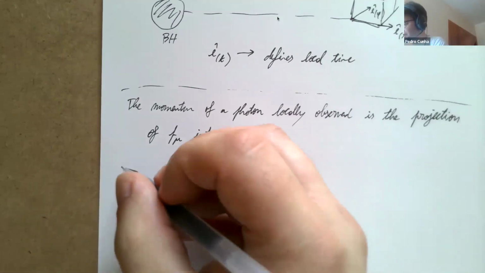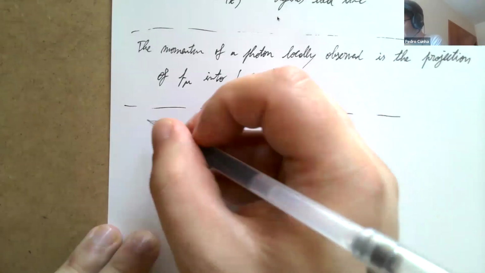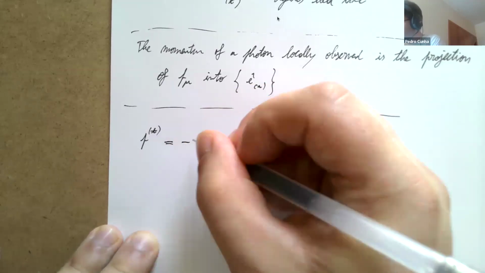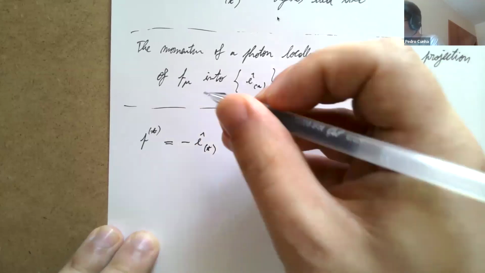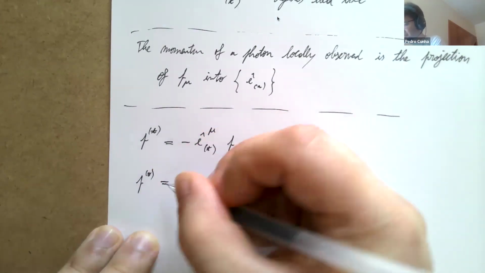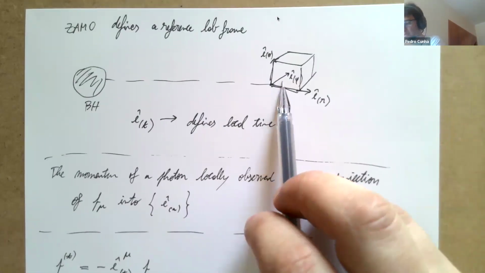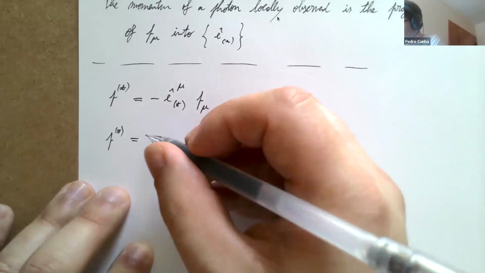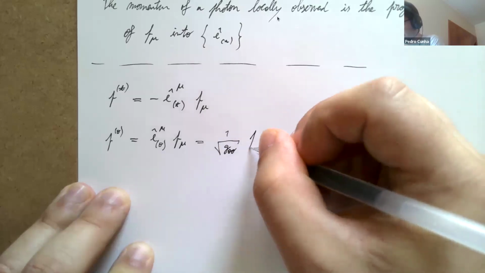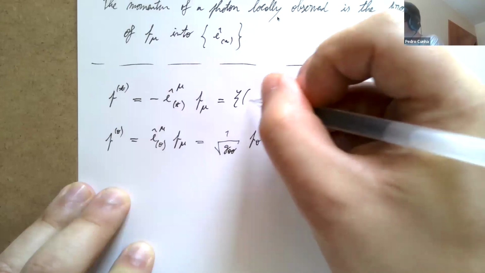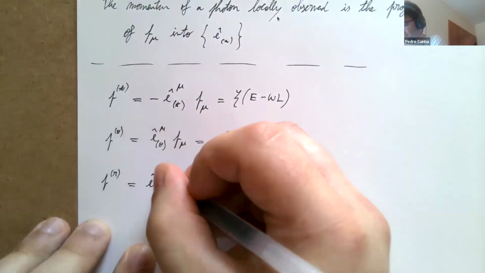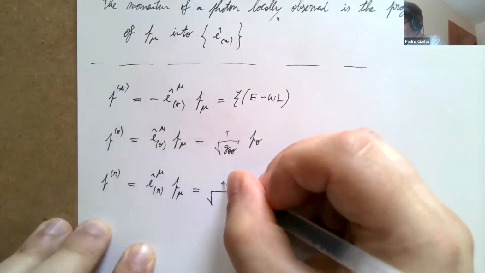In particular, the locally measured energy, and I'm using these parentheses to define locally measured quantities, will be the time basis contracted with the form momentum of the photon. You have p theta, so the momentum in the theta direction. These will be E_theta^mu p_mu. You have p^r, which is E_r^mu p_mu.